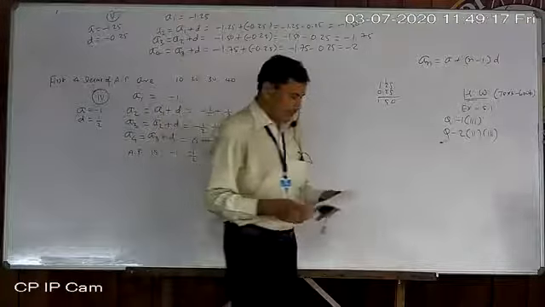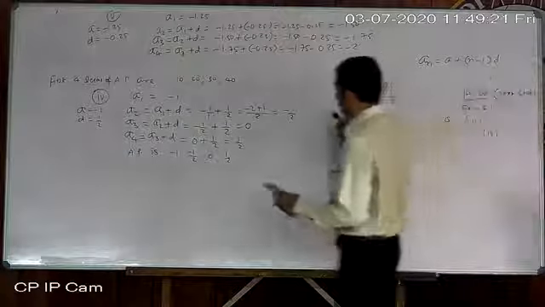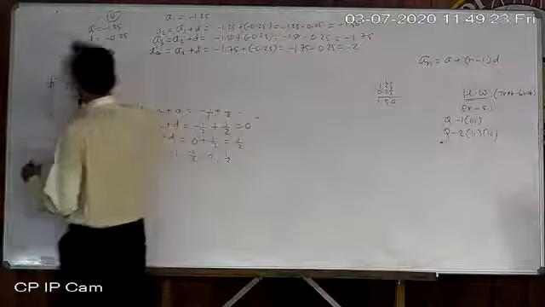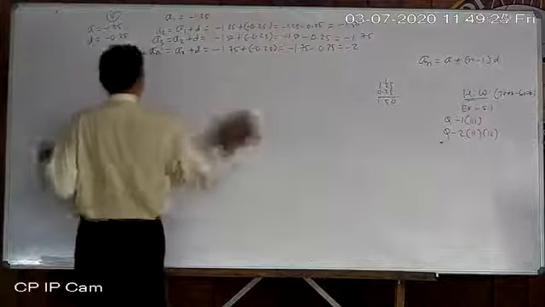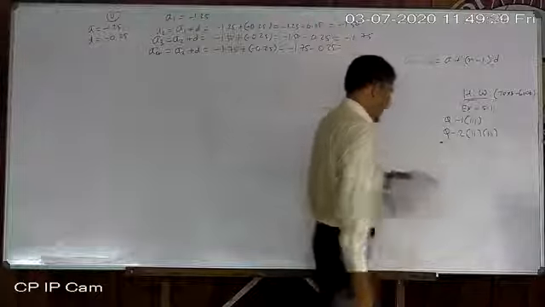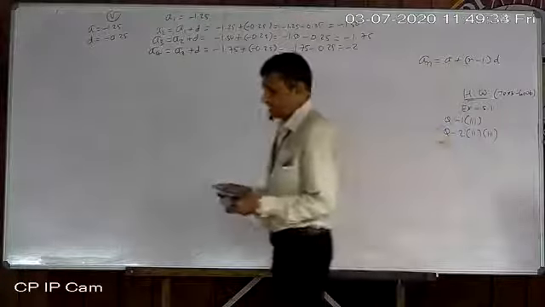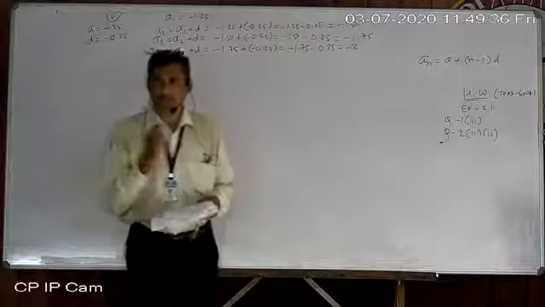Now look at main question number 3. Look at the instruction. What is actually given? For the following APs, write the first term and the common difference. Here the AP itself is given.